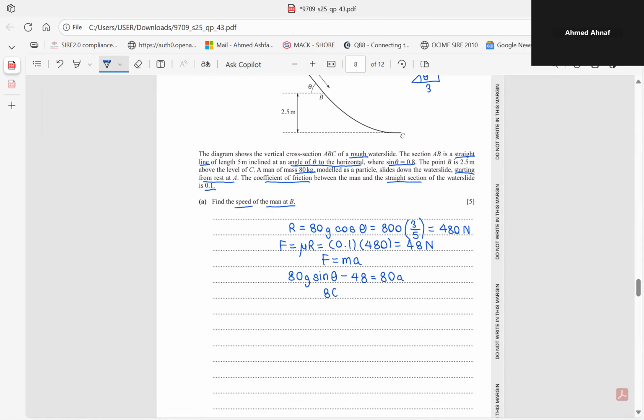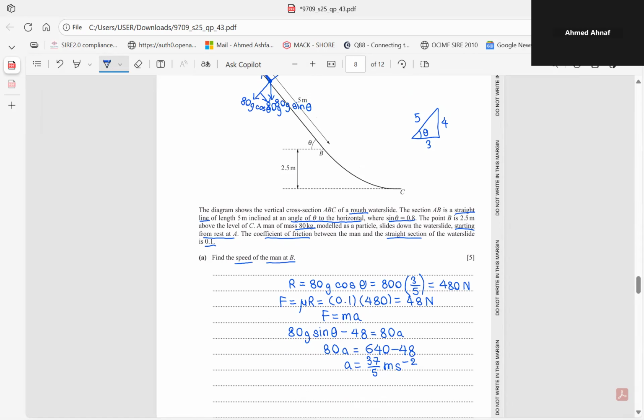So 80a equals 80 times 10 times sine theta, which is 0.8, so 640 minus 48. So a is going to be 37 over 5 meters per second squared.